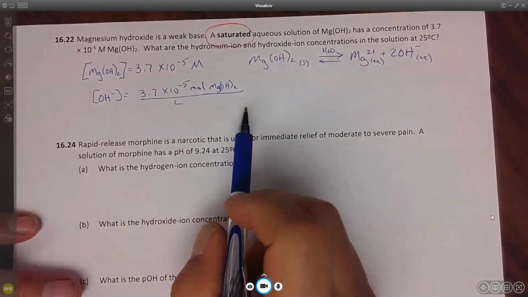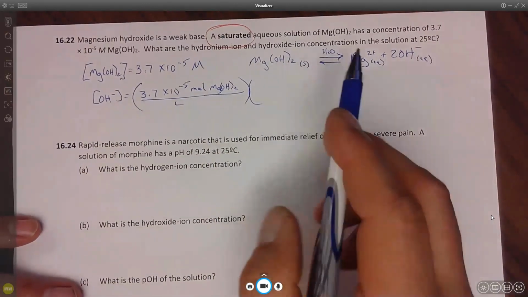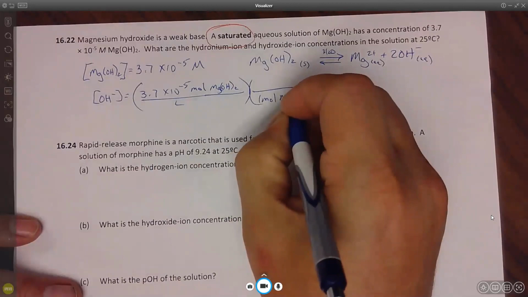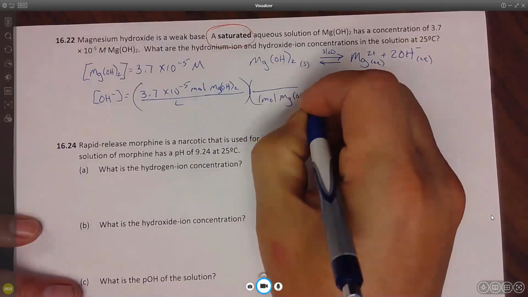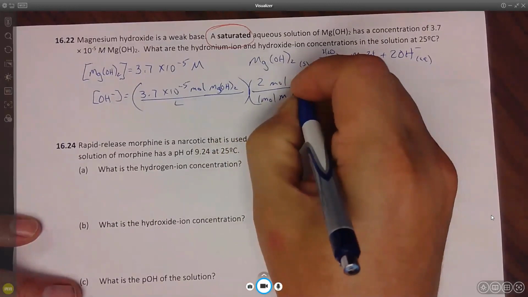But I'm interested in the hydroxide, and we can see from the balanced chemical equation, every 1 mole of the magnesium hydroxide dissociates to give 2 moles of the hydroxide ion.